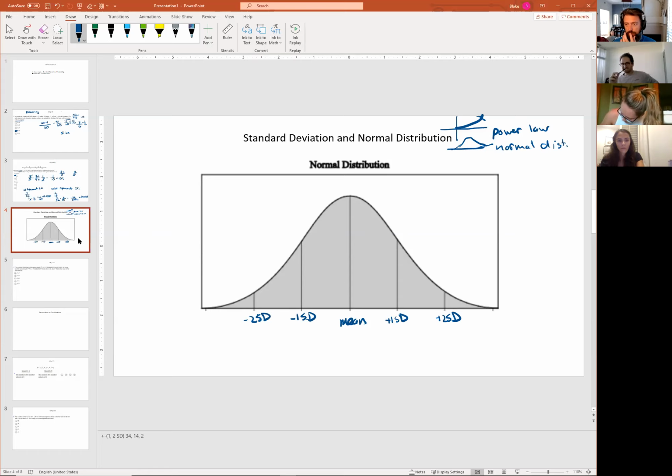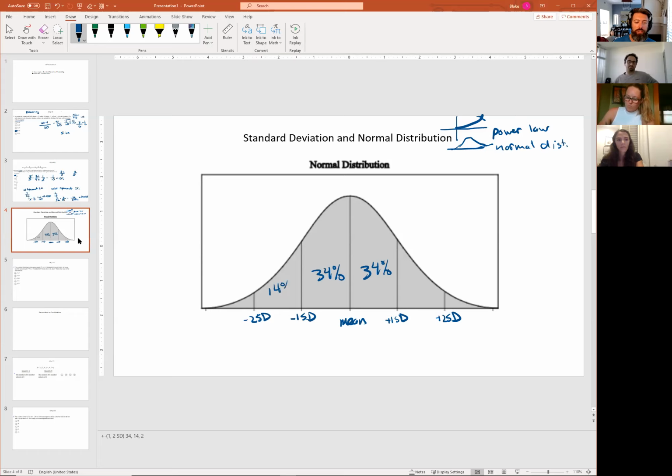Now these aren't randomly chosen, and we'll talk about what they mean. But basically the way they're chosen is you want about 34% of your total values to be between the average and plus 1 standard deviation. And then a negative standard deviation below the mean, you want about 34% of your values to be there.